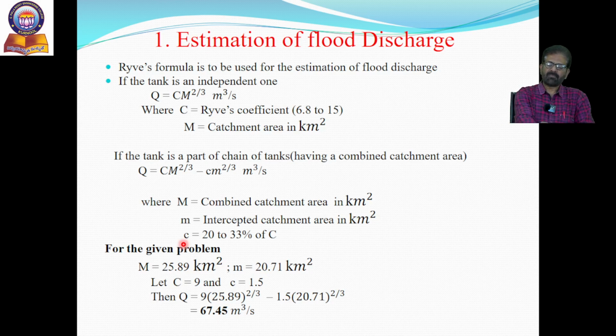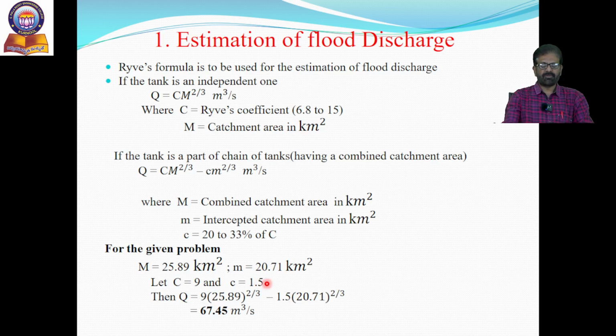Accordingly, for the given problem, capital M, that is the combined catchment area, is given as 25.89 square kilometers, and the intercepted catchment area is given as 20.71 square kilometers. Also assume the Ryves coefficient C as 9. We can assume any value. Let us assume capital C as 9. Accordingly, small c is equal to 1.5.